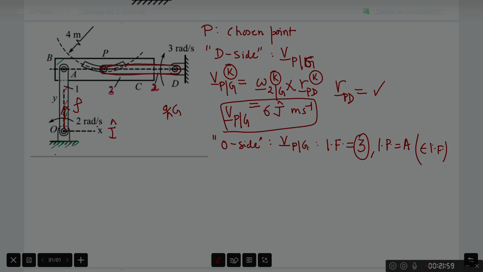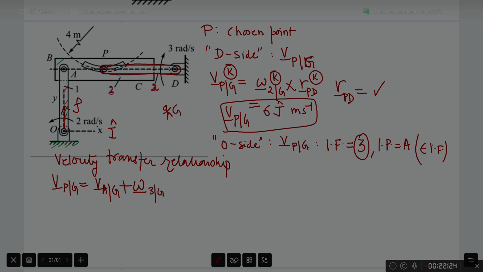And then I will use the velocity transfer relationship which gives me this expression VPG.